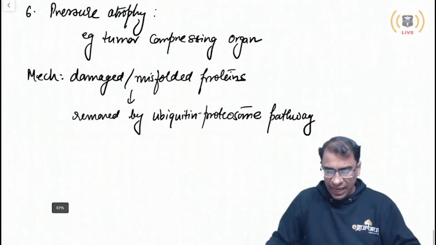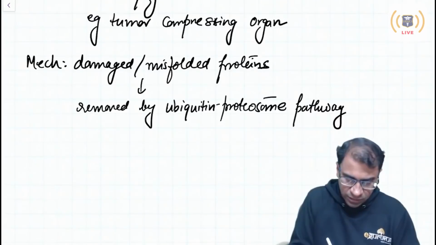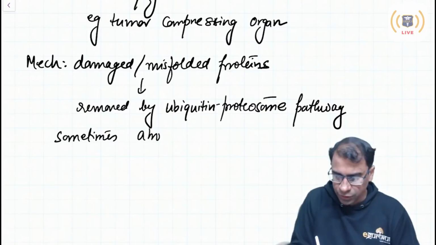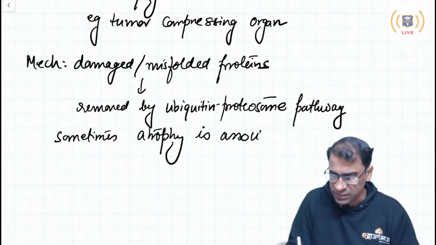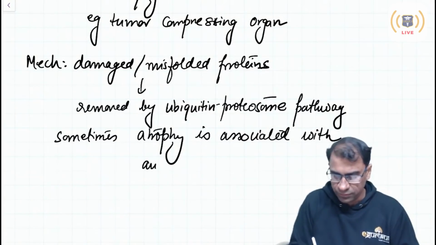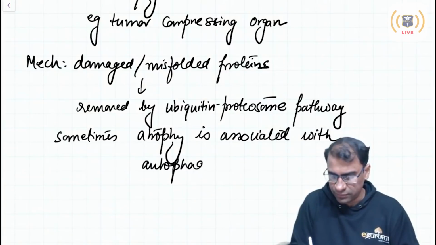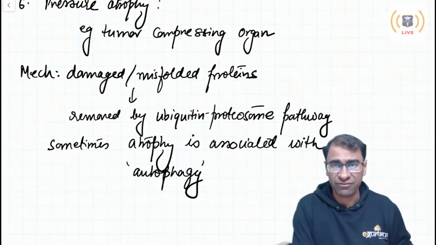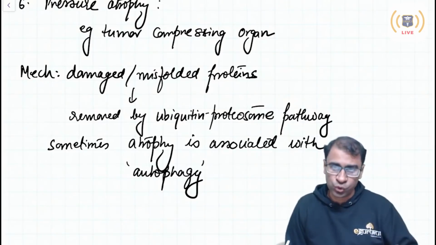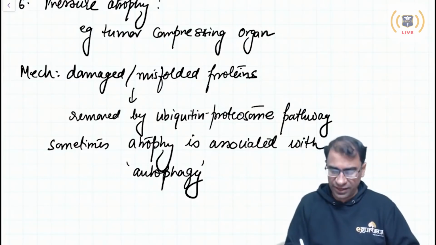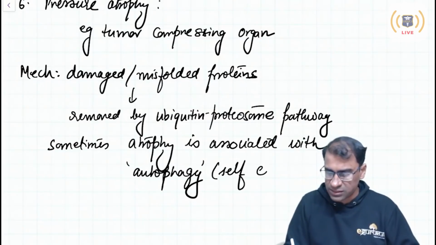Sometimes atrophy is associated with autophagy. So what is autophagy, guys? Eating up of itself. When a tissue eats up its own cells, it is called autophagy.